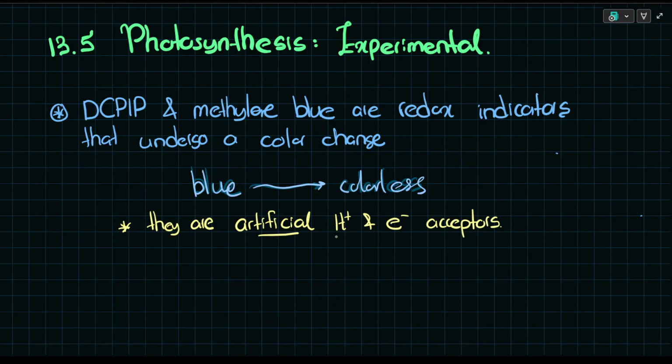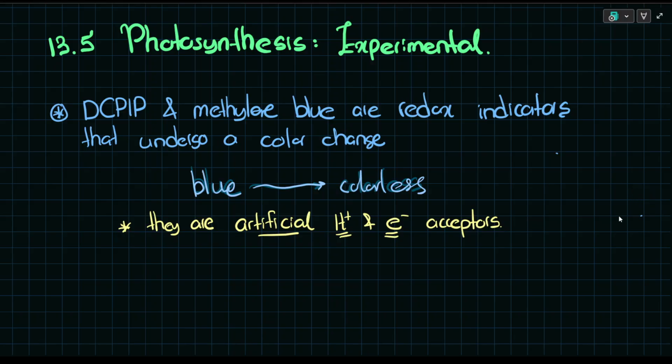If they accept electrons or H plus ions, they undergo this color change. So simply speaking, we can use them to keep track of any reaction that produces H plus and electrons. For instance, photosynthesis.